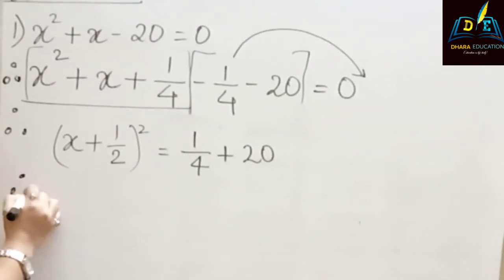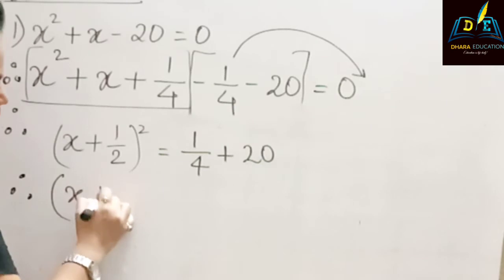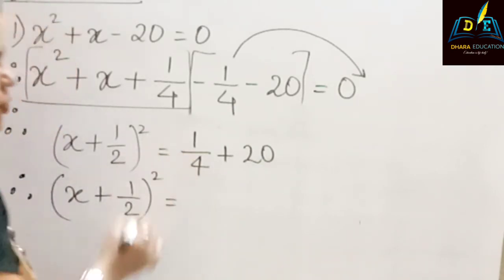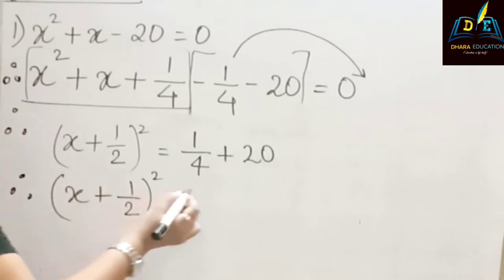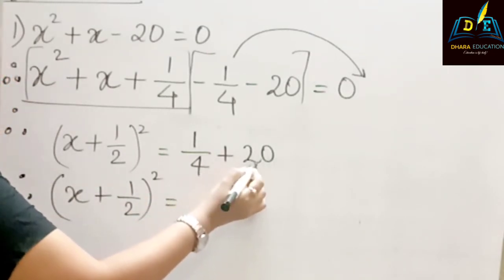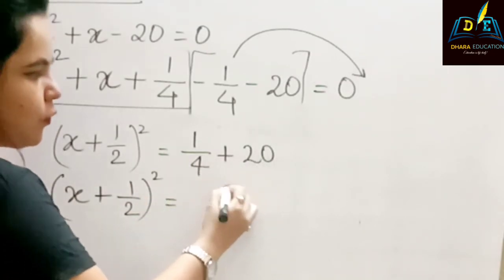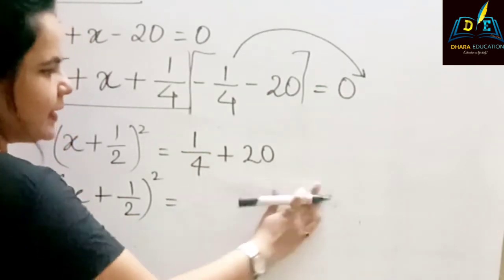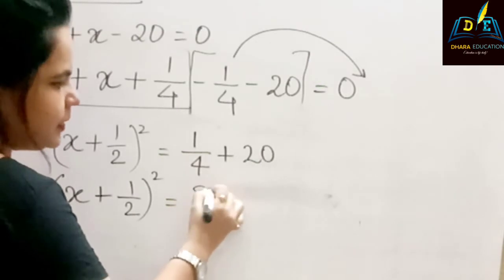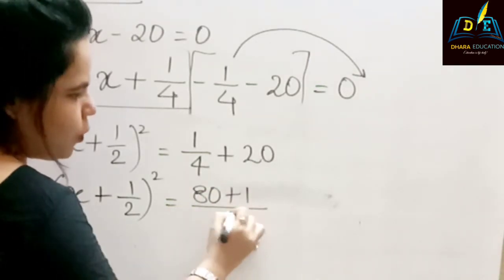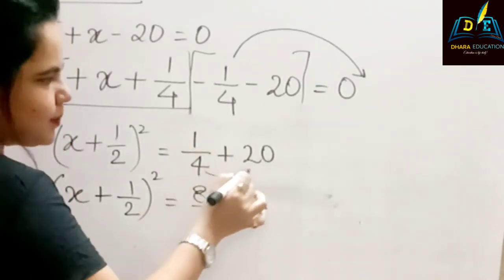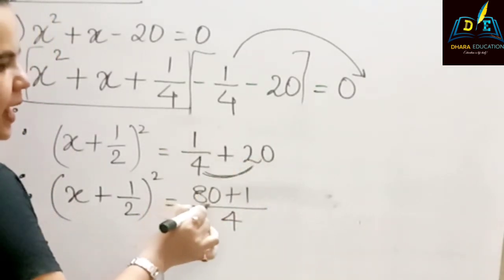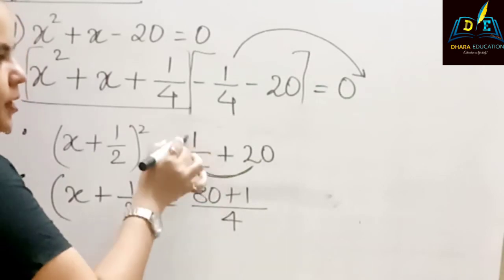Now the next step will be x plus 1 upon 2 the whole square is equal to, now see students, please concentrate here. 4 multiplied by 20 gives you how much? 80. So like that only we need to write 80 plus 1 upon 4. What I did? I just multiplied with this term. 4 multiplied by 20, I got 80, and plus 1.